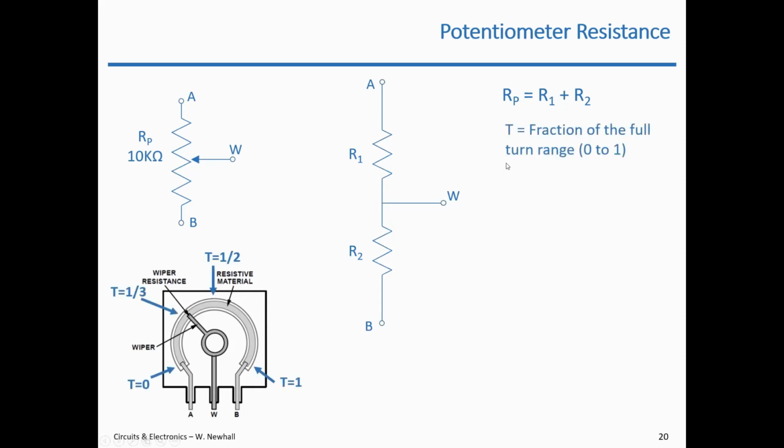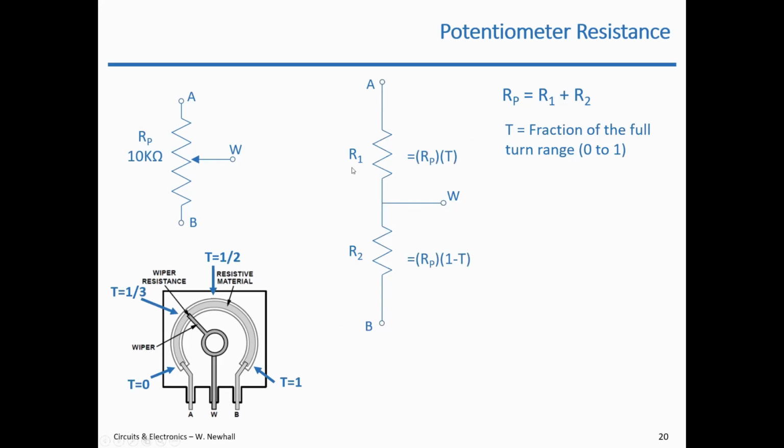Let's define T as the fraction of the full turn range, from 0 to 1. It's just a factor. When I turn the knob all the way to the left, I'm going to call that T equals 0. When I turn the knob all the way to the right, I'm going to call that T equals 1. It just defines the position of the knob of the potentiometer. And so let's build a table of resistances.